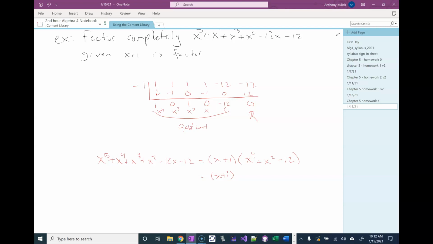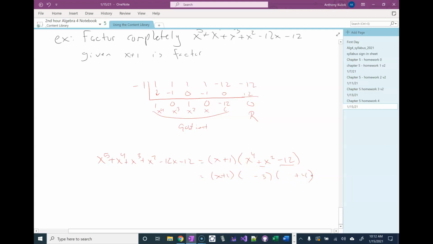So again, we could use our factoring shortcut on this. The 2 numbers that multiply to give us negative 12 and add to give us 1 are negative 3 and positive 4. Very good.